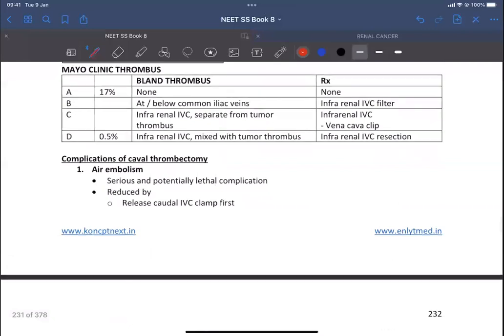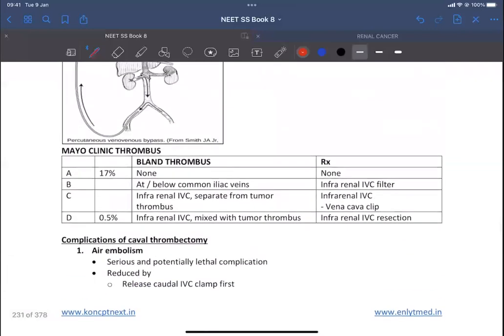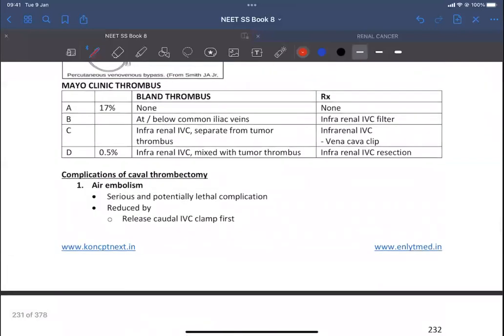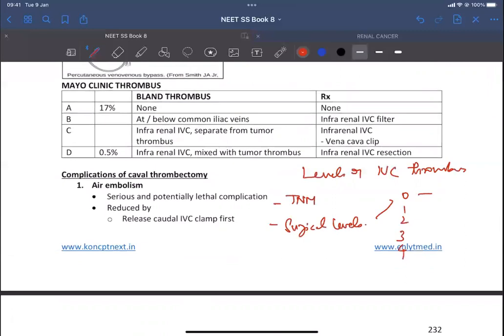So from your point of view, what you need to know for the exams is what are the levels of IVC thrombus, both on a TNM stage and just the surgical levels, which will be 0, 1, 2, 3, and 4.